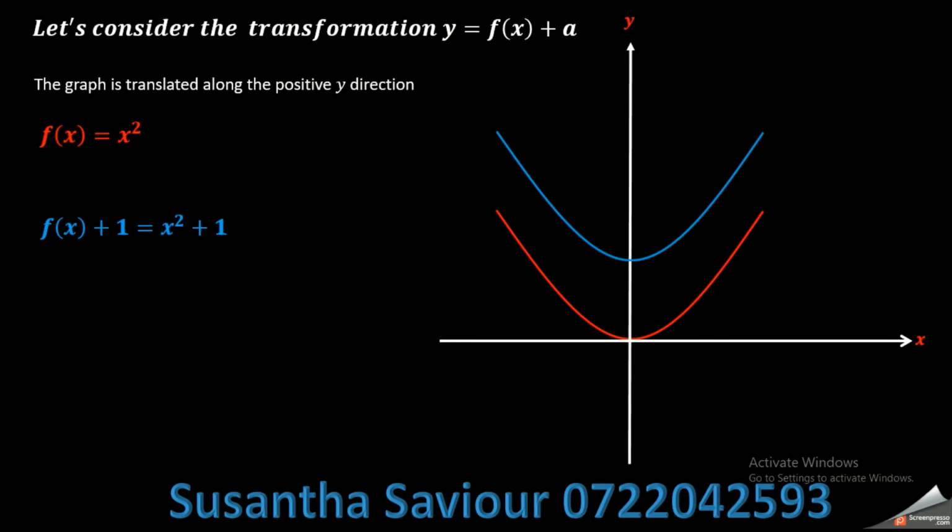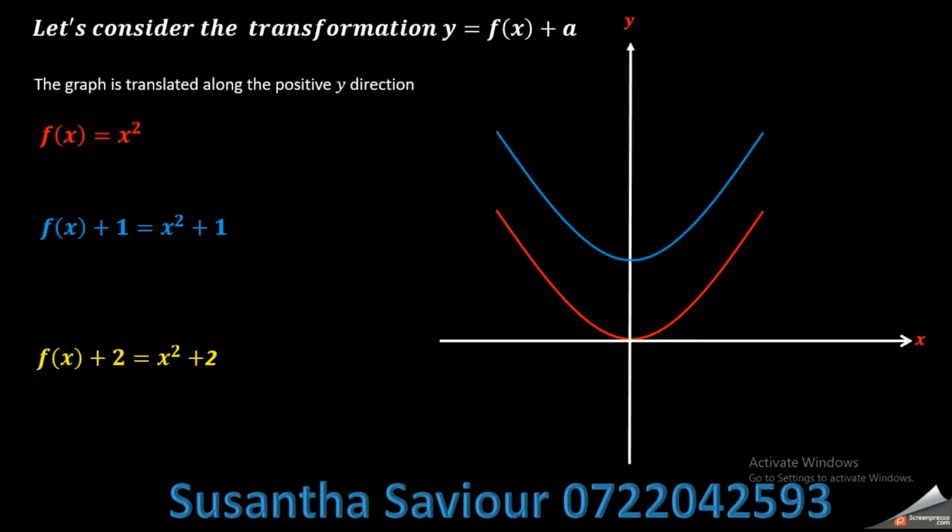We'll move on and see another transformation of the same. So if it is f(x) plus 2, then 2 is added to f(x), so x squared is added with 2, x squared plus 2. Then f(x) plus 2 is equal to x squared plus 2.